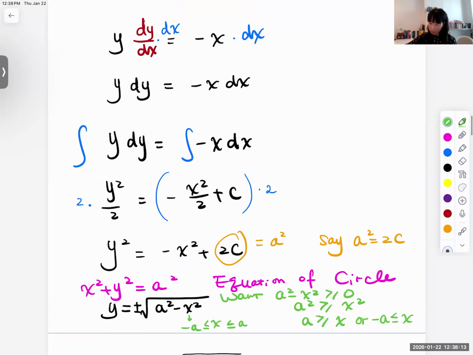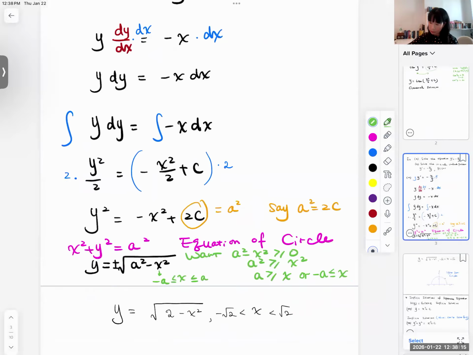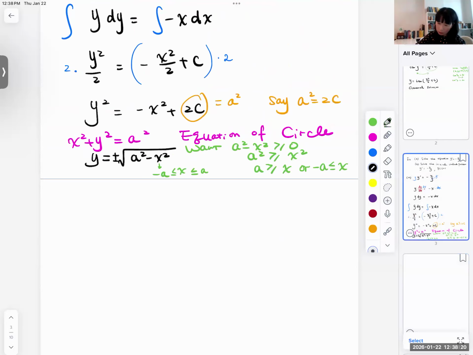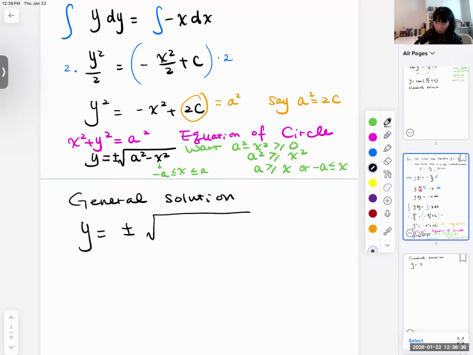Okay. Let me write down. So general solution. Y equal to plus minus square root a squared minus x squared, where x is between negative a and positive a, right?